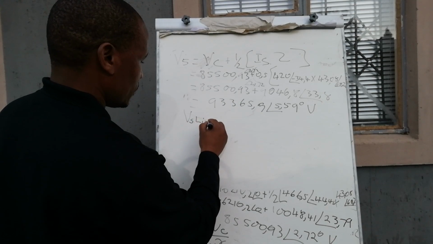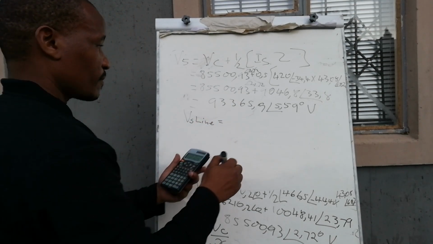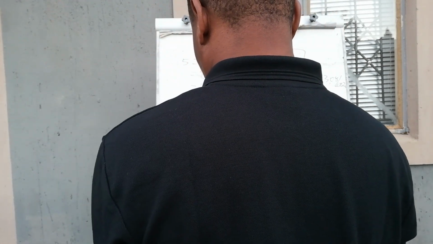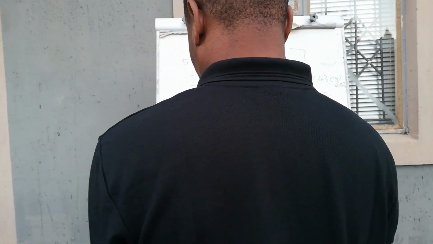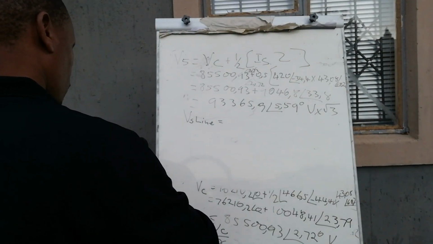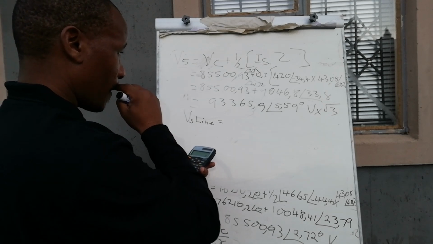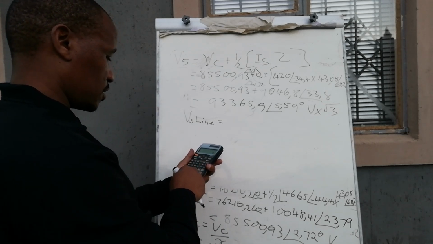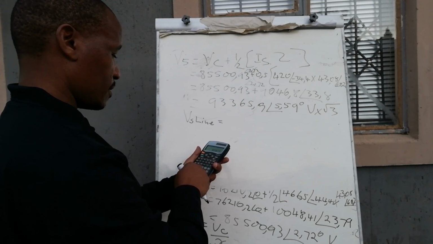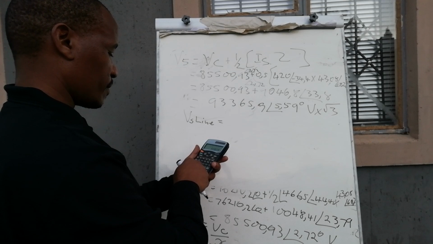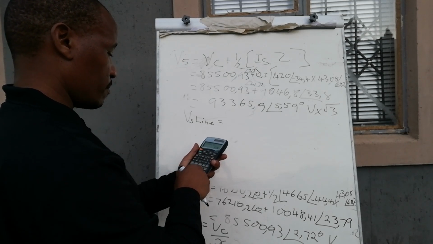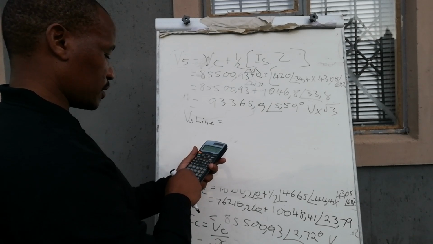Vs line is equals to what? You just multiply this by square root 3. It is 93,365.9 angle of 5.58 multiplied by square root 3.